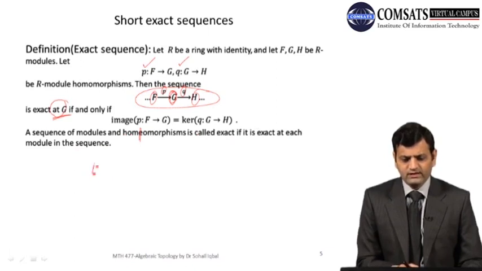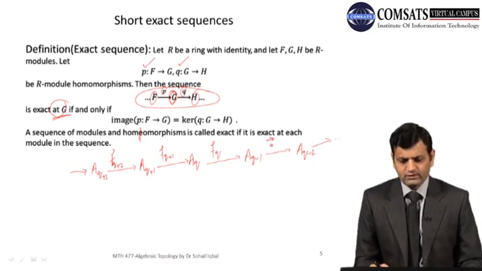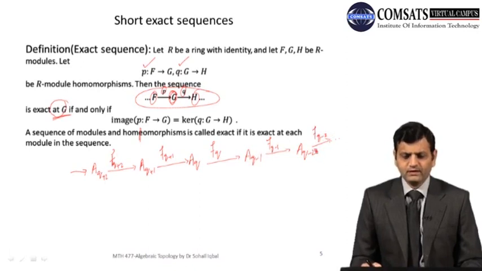For example, let's write down this sequence: A_{q+2}, A_{q+1}, A_q, A_{q-1}, A_{q-2}, and so on. Let's call these maps f_{q+2}, f_{q+1}, f_q, f_{q-1}, f_{q-2}.